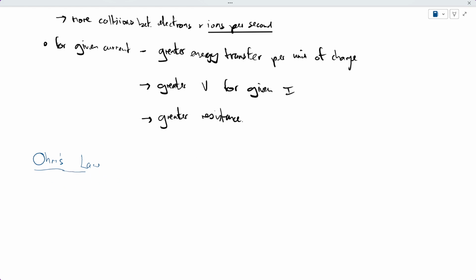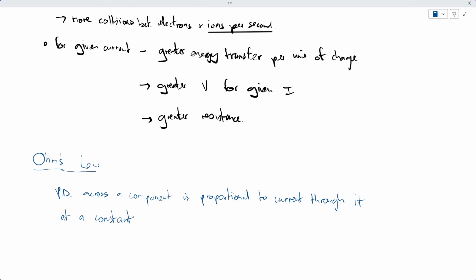Ohm's law states that the potential difference across a component, or an object, anything that conducts, is proportional to the current through it at a constant temperature. Because that would not be the case if the temperature changed.